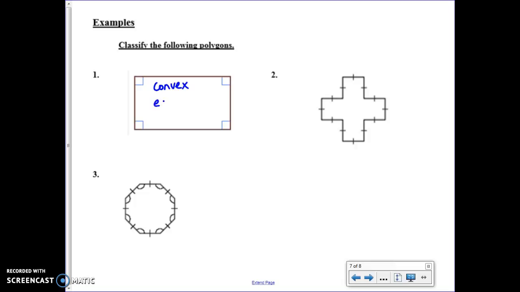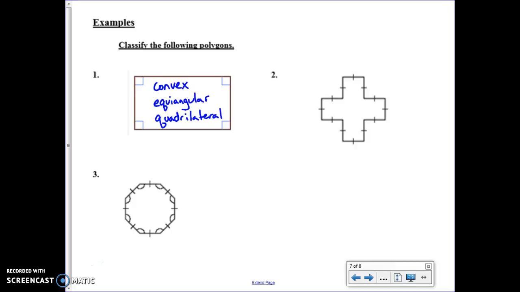So I'm going to call it equiangular. And then since it's 4 sides, it is a quadrilateral. So when you classify, you will have up to 3 things that you write down.